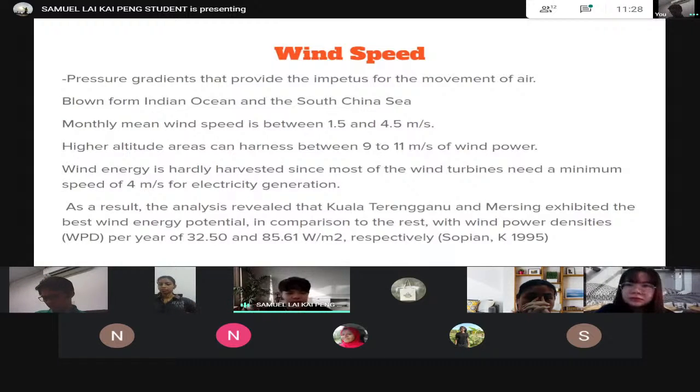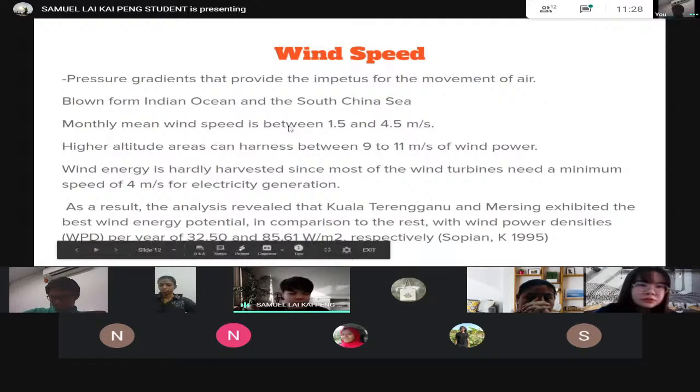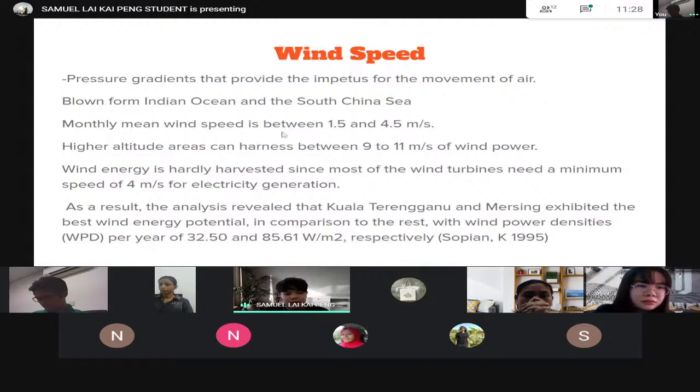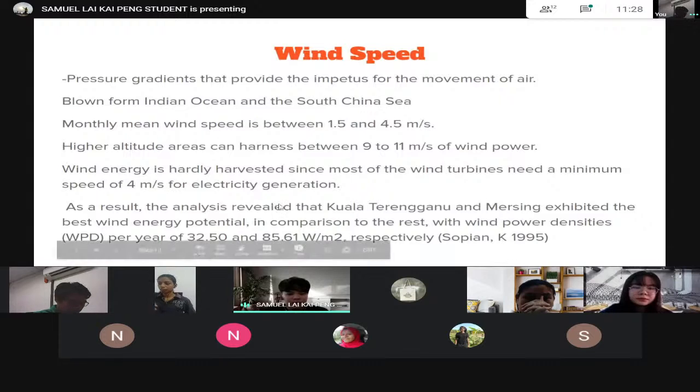And the monthly mean wind speed is between 1.5 and 4.5 meters per second. The high altitude areas can harness between 9 to 11 meters per second of wind power. Then the wind energy is hardly harvested since most wind turbines need a minimum speed of 4 meters per second for electricity generation. That's what I said. Our mean speed is still lower, so it's hard to harvest the electricity.